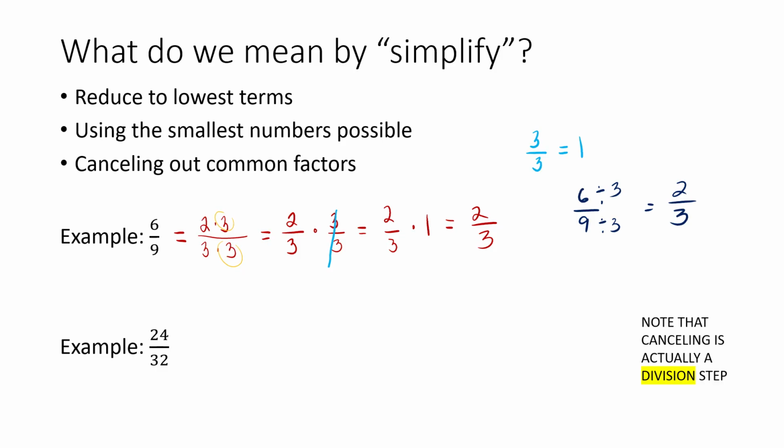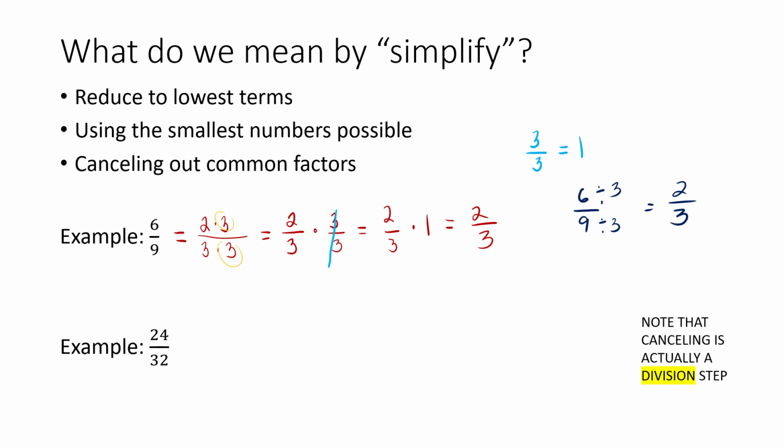And that's fine. I show my students that process all the time. But what's really important is to know why that works. Why are we allowed to do that? Because essentially when we factored, we were dividing out that 3, and then 3 divided by 3 cancels out, and that leaves us with the 2/3.